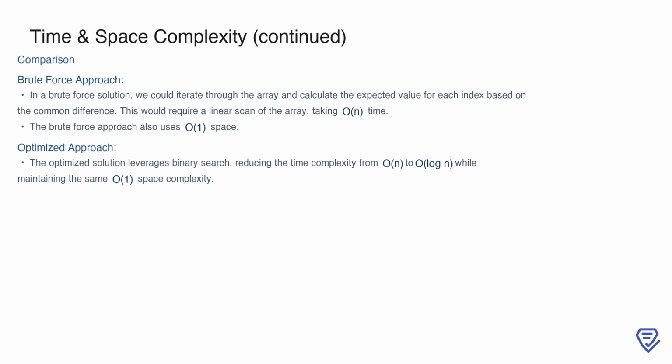However, like the optimized solution, the brute force method also uses a constant number of variables, meaning it has a space complexity of O(1). In contrast, the optimized solution significantly reduces the time complexity to O(log n) by leveraging binary search, while still maintaining the same minimal space usage. This makes the optimized approach far more efficient for larger datasets.